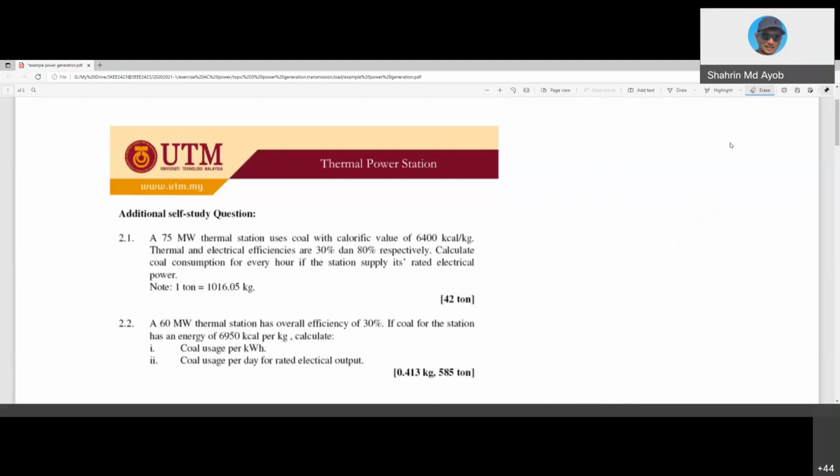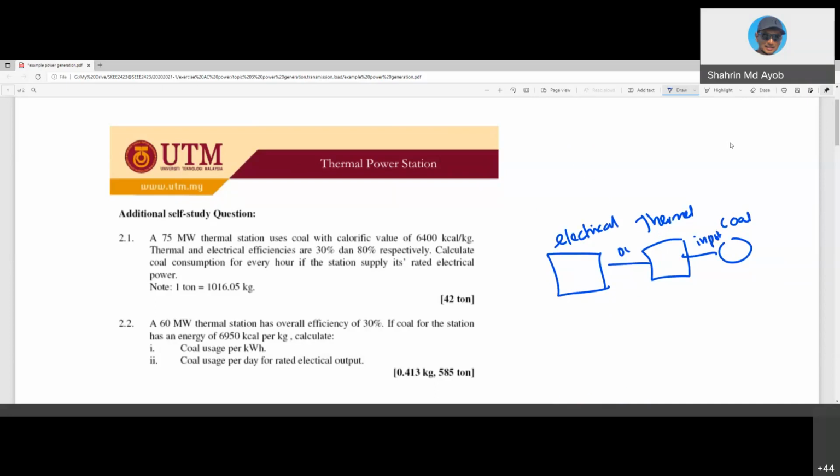If I draw this, it is from your coal as the input, and then we have what we call thermal and then electrical. This is the input and this is the output, and the output thermal will be converted into electrical.